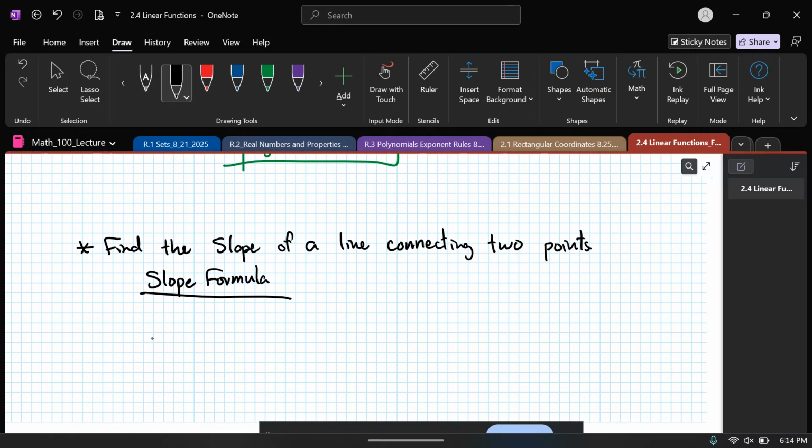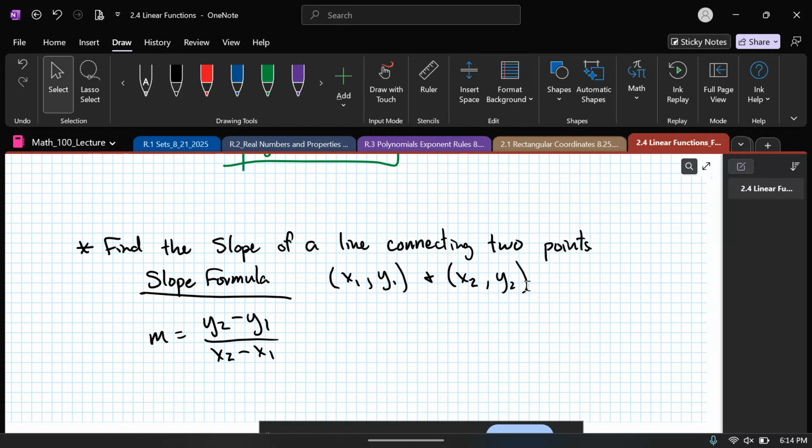The slope formula is this: y2 minus y1 over x2 minus x1. So you have two ordered pairs. You have x1, y1, and x2, y2. You have a first ordered pair and a second ordered pair.